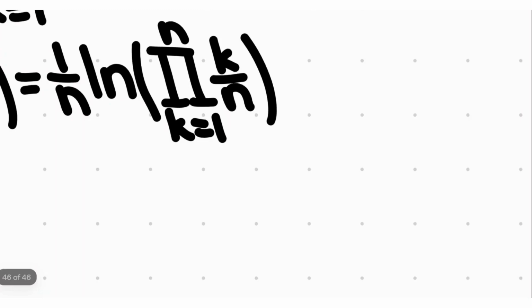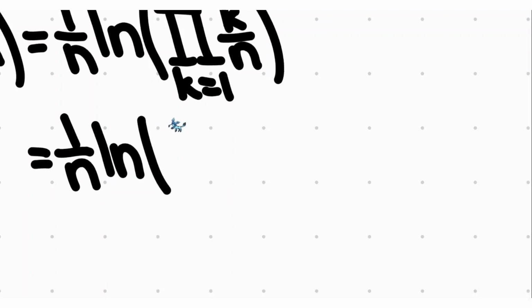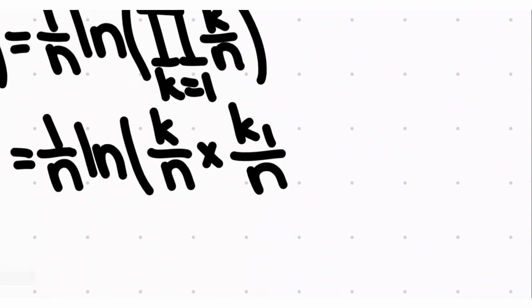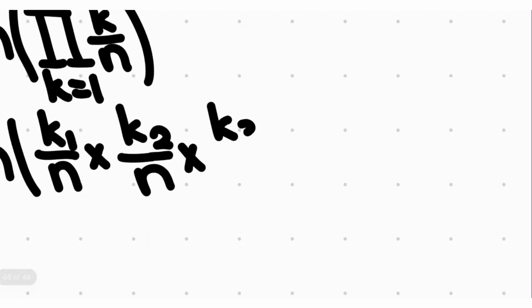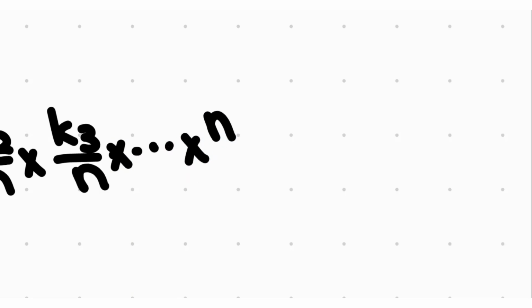Now let's just try writing some of the terms in the sequence. So natural log of 1 over n times 2 over n times 3 over n, all the way to n over n.